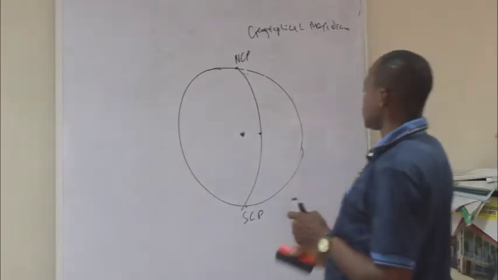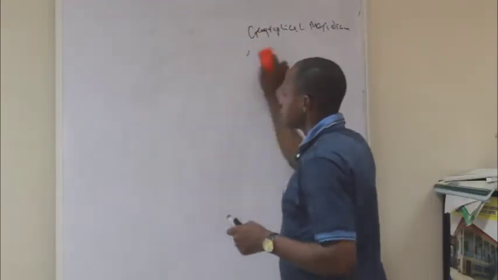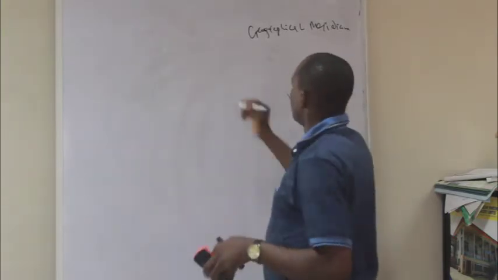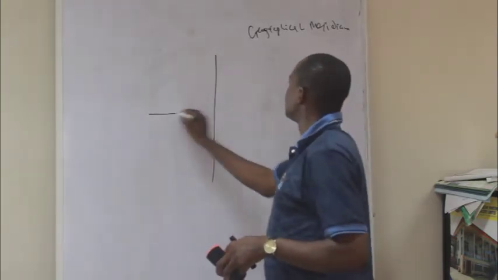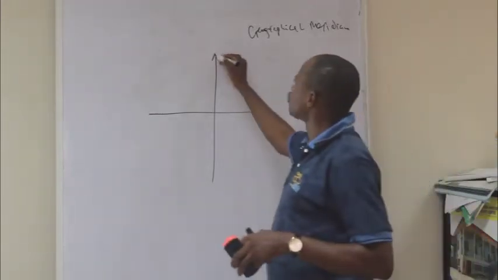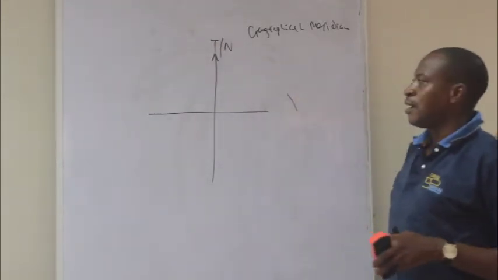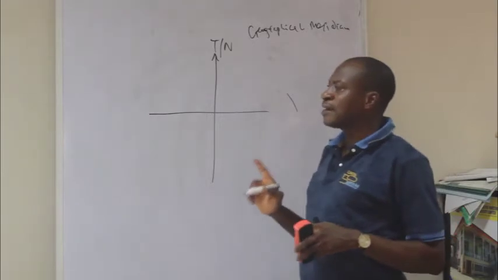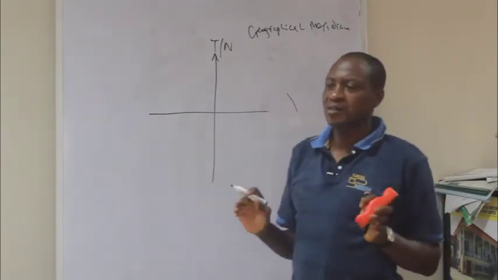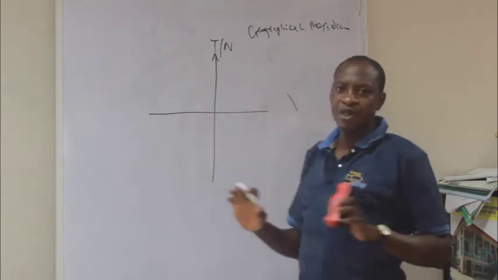So in that situation, I will put it this way again. Let's take the geographical meridian as the true north now. It's also called the true north. I told you that the magnetic meridian can swing to either of these two sides because it is not stable.